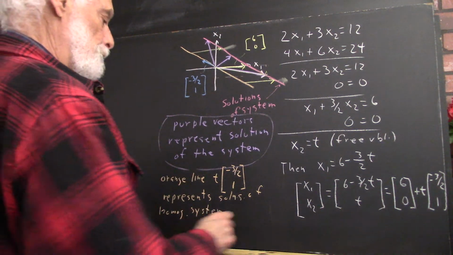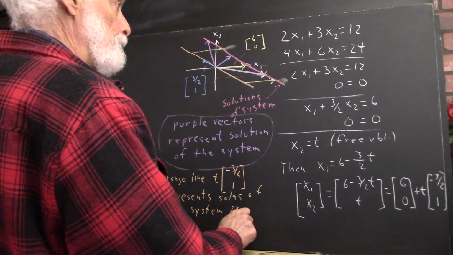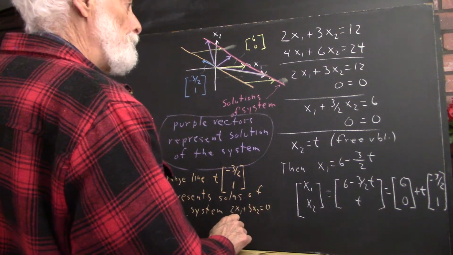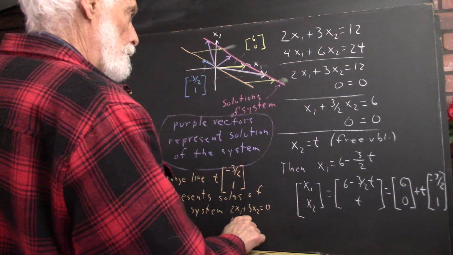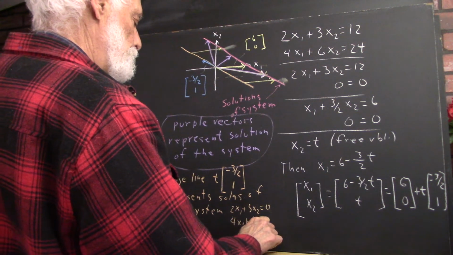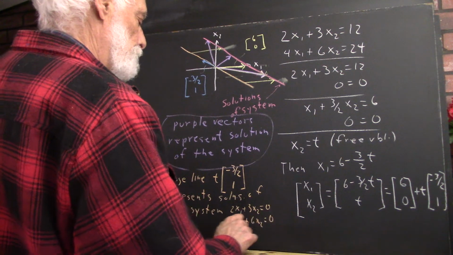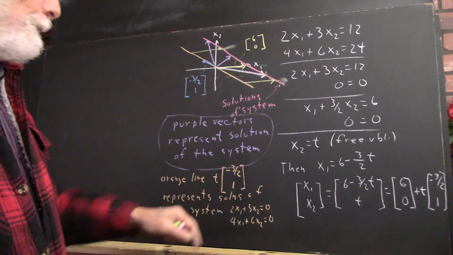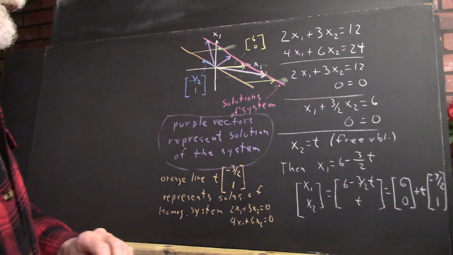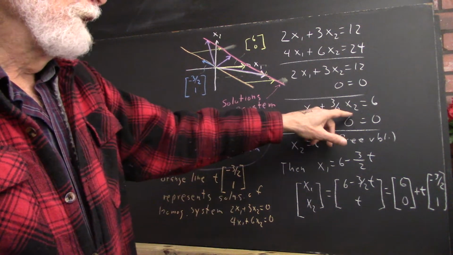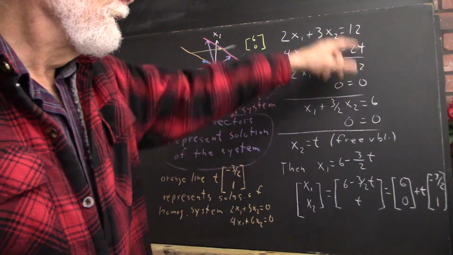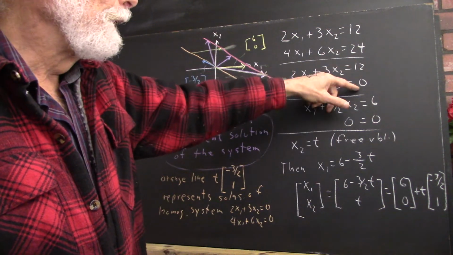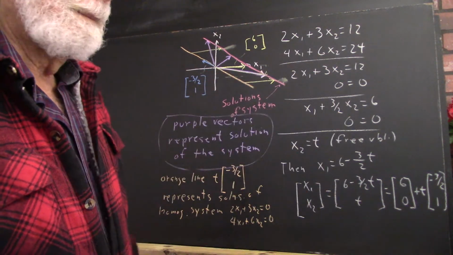And the homogeneous system here is 2x1 plus 3x2 equals 0, 4x1 plus 6x2 equals 0. Clearly, if we reduce this system, we get x1 plus 3/2 x2 equals 0. Because we have zeros here and here, we end up with zeros here and here, zeros here and here.